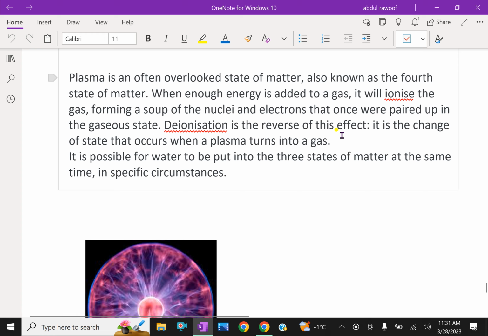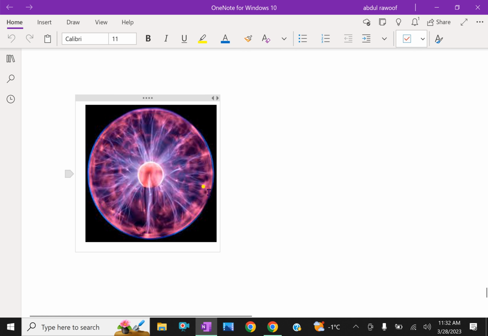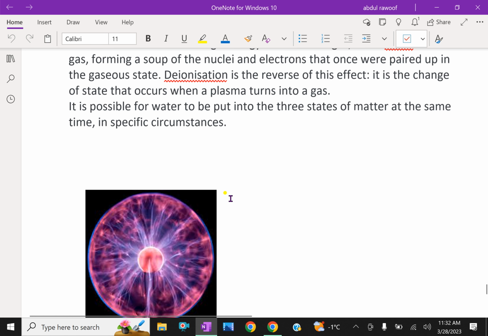Deionization is the reverse of this effect. It is the change of state that occurs when a plasma turns into a gas. It is possible for water to be put into the three states of matter at the same time in specific circumstances. So far we discussed changes of matter in detail.